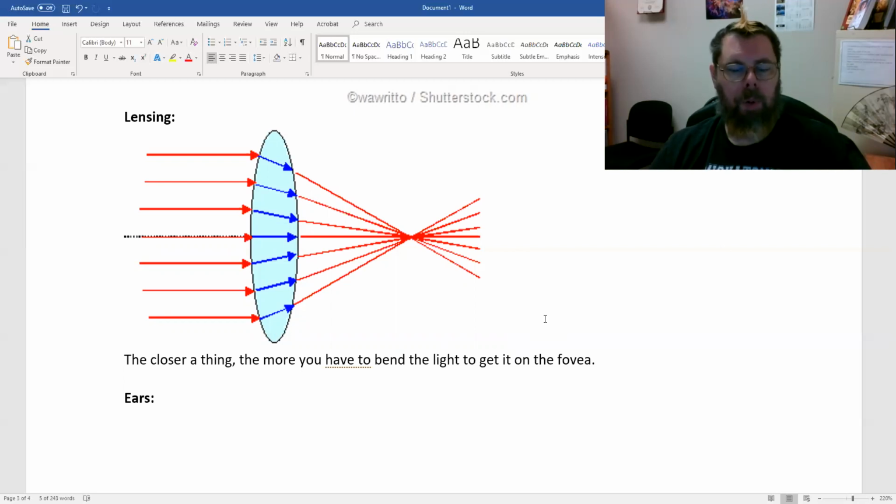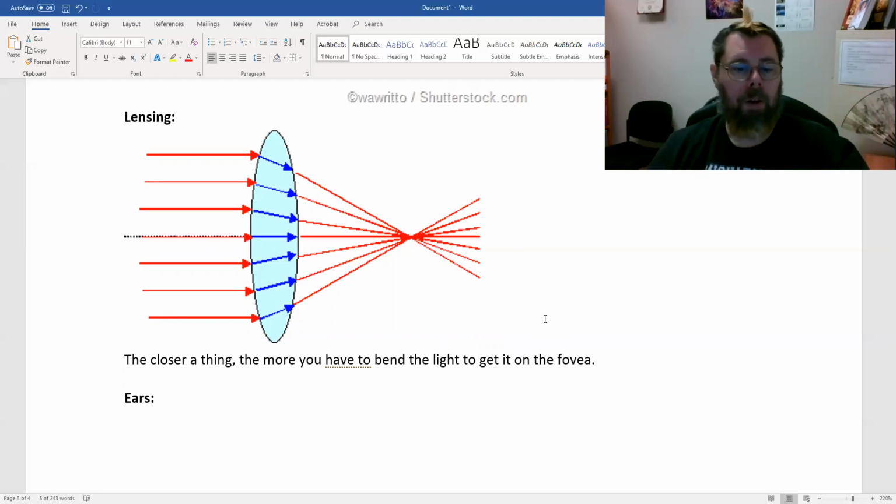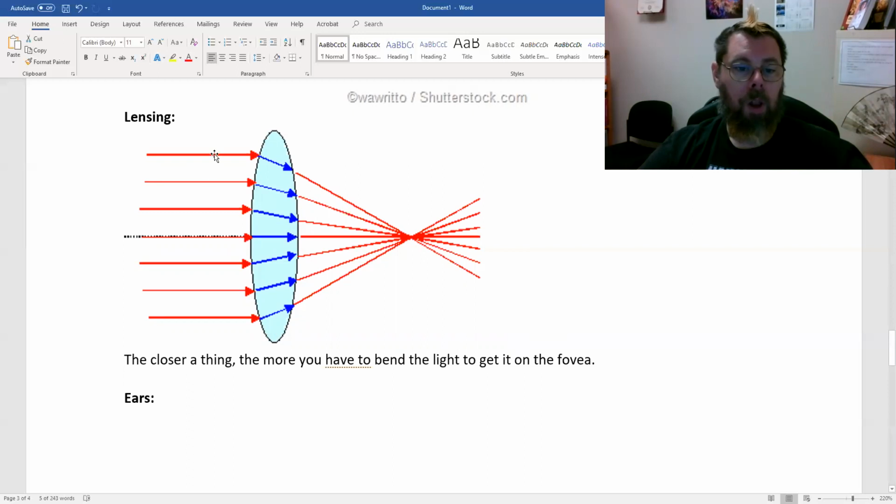You can change the probability that they'll arrive in a direction by making them bounce off various particles. Transparent material allows light to pass through largely unmolested, but somewhat molested. The more material that you're passing through, the slower you have to go. Light slows down through these materials.